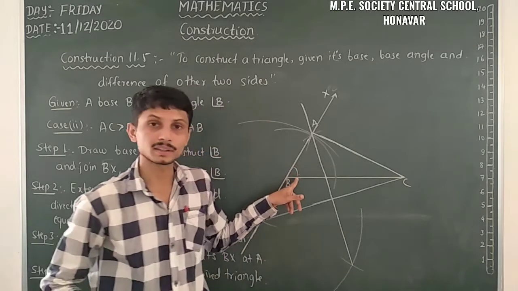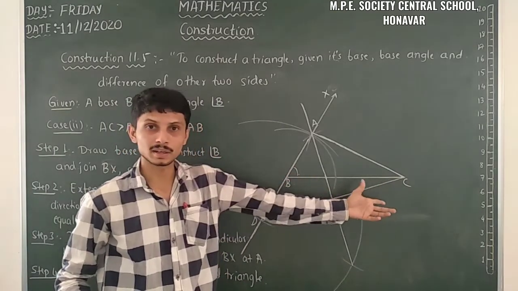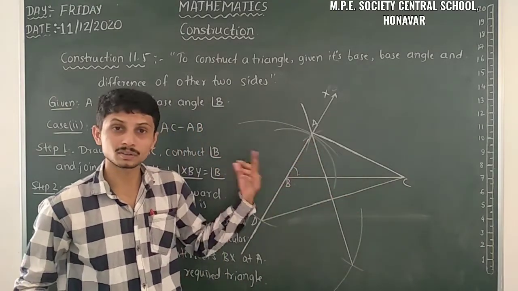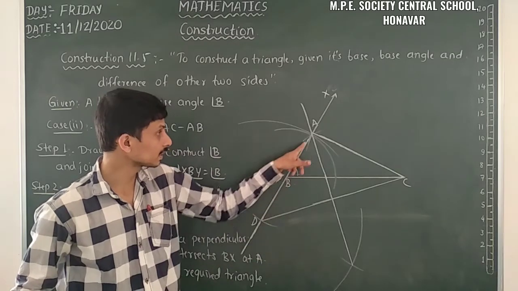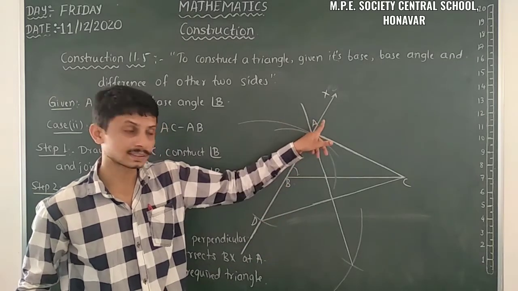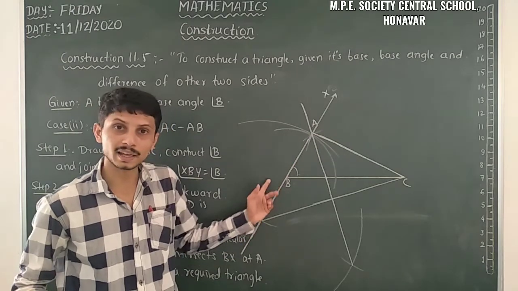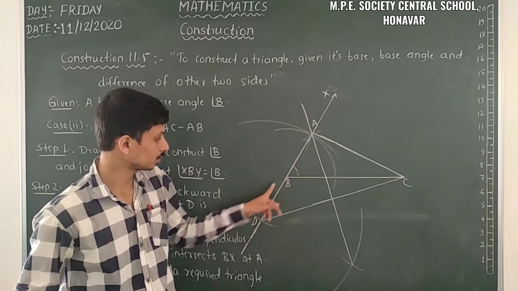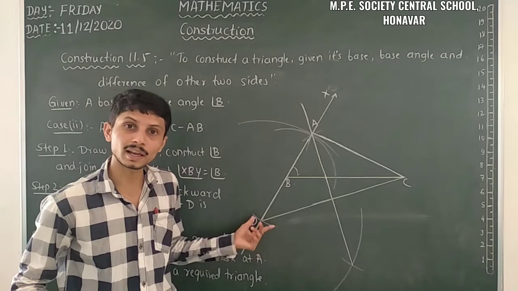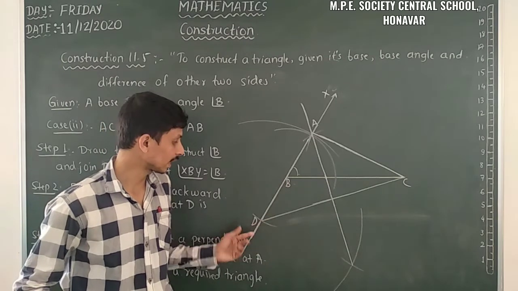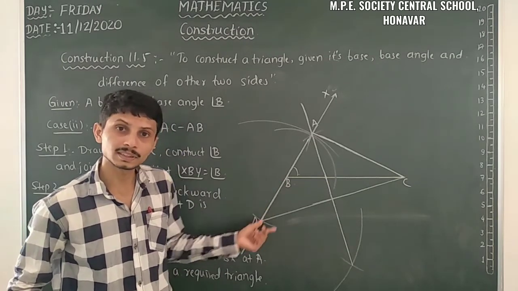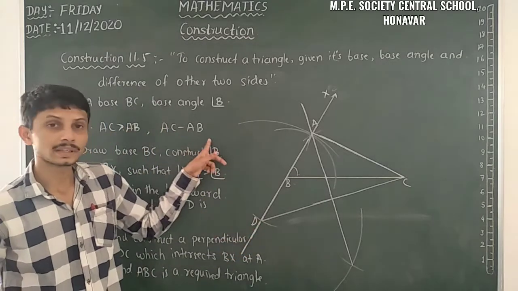So here we have to take the angle, and here we have to take the length of BC, and then we have to take the same procedure. But the thing is, after drawing BX, we have to extend this line in the backward direction, and cut the line BD, which is equal to AC minus AB.